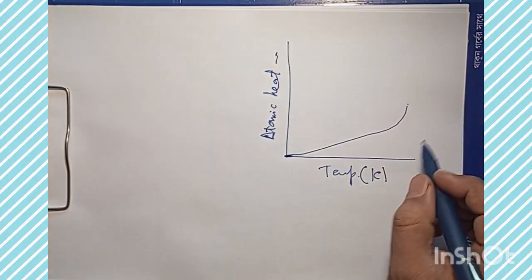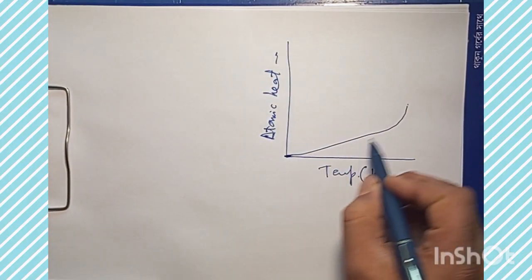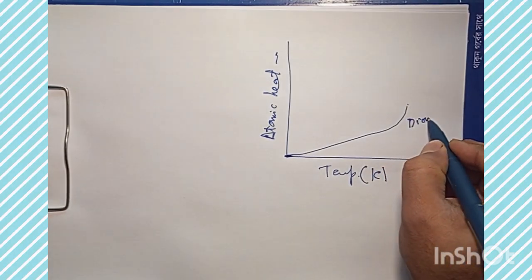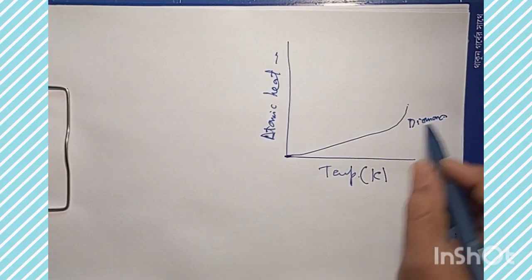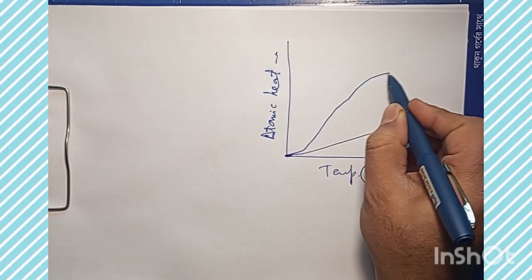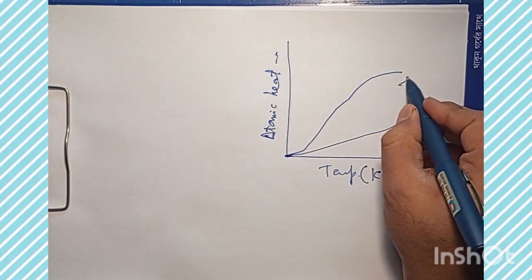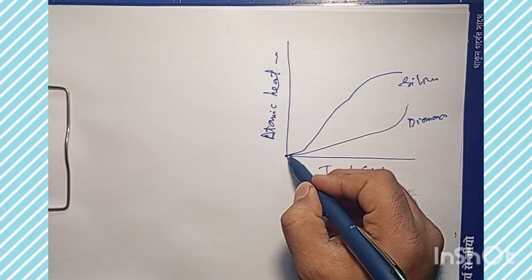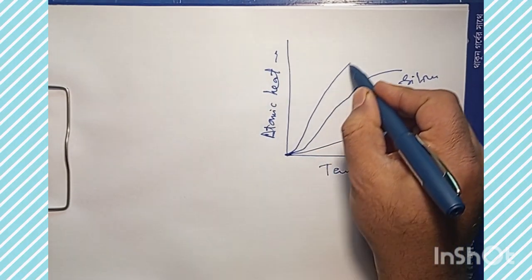So we see that there is a variation with respect to temperature, and this is an approximate curve for diamond. And for silver, it goes like this, and then it goes like this. So this is for silver. And for lead, it goes like this.